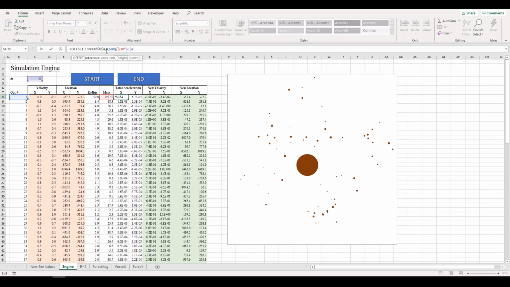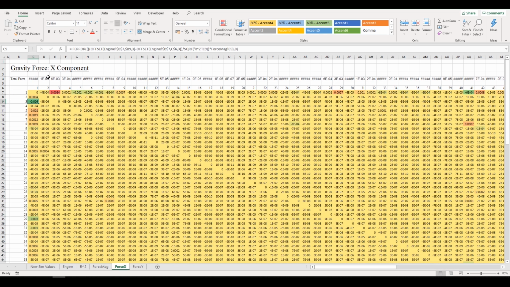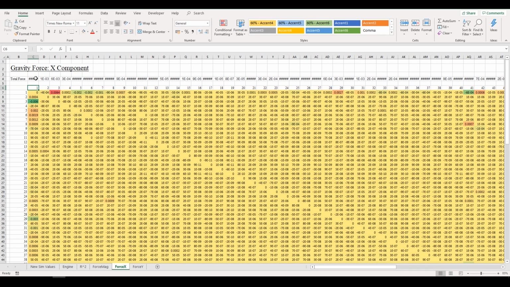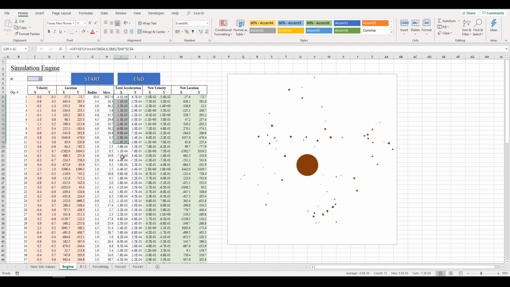We just take those various forces and we add them all up. That's what this row over here does. It adds up all of the various forces that act on body 1, and it adds up all the forces that act on body 2, etc. And that gives you these sets of numbers.